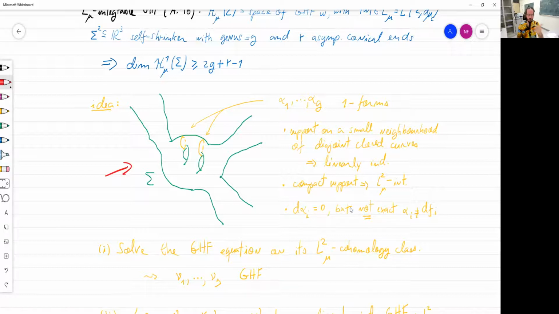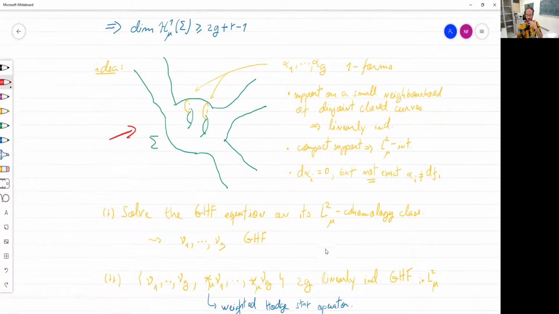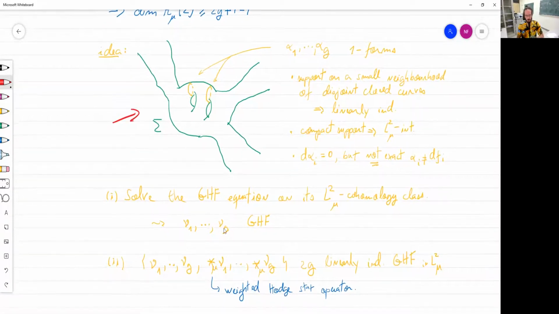It is closed but not exact. Then you solve it, and it turns out that they are linearly independent. So you get G solutions, so G Gaussian harmonic forms. And if you put the Hodge star here, then you get 2G solutions.